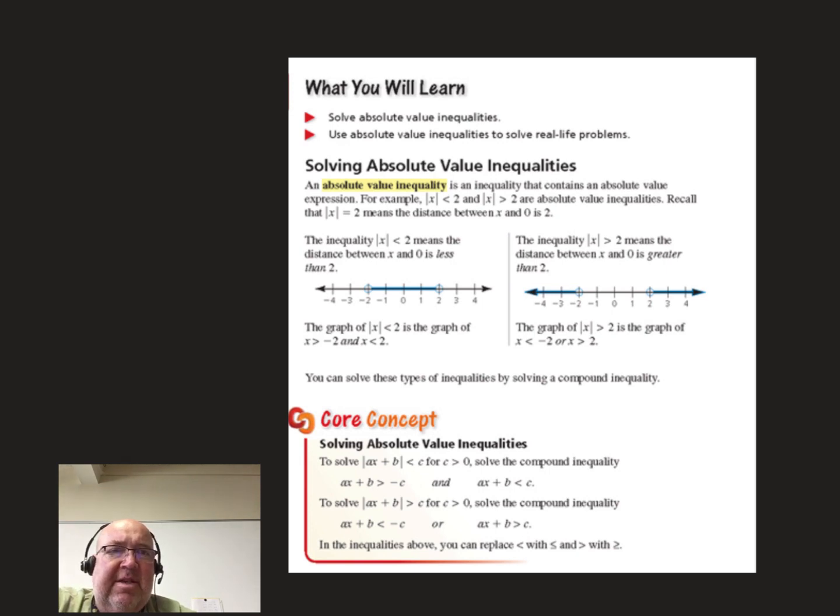You're also going to switch the direction of the inequality. And the other thing is that the value of C has to be greater than 0. Alright, so let's take a look at some examples.